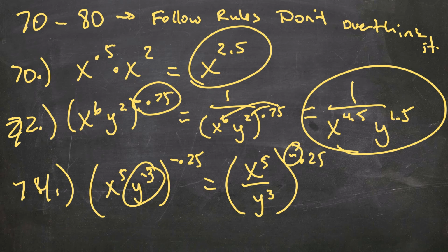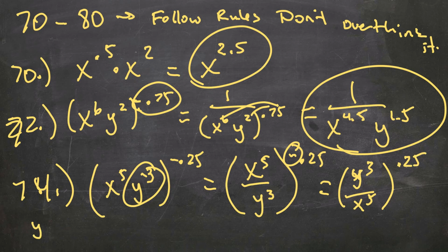The negative sign tells me to flip it, so I get y cubed over x to the 5th to the 0.25 positive now. So my final answer is y to the 0.75 over x to the 1.25. Hard to read, but I'm trying to rush this.